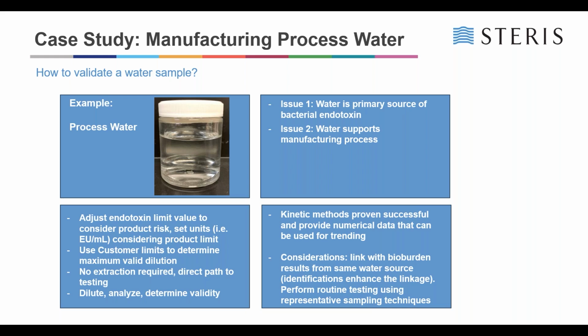Other considerations include representative sampling techniques. In that way, you collect a water sample that mimics what the product would see. That way you get your best result from doing this type of monitoring.